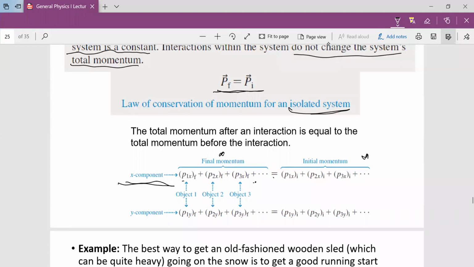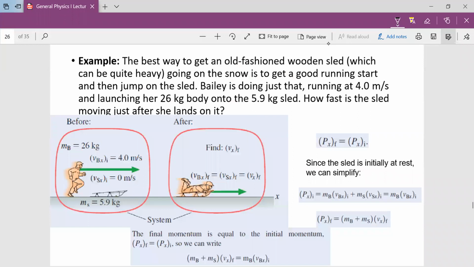All right, so let's take an example to buttress that point. The example of Billy: she is going to jump on a sled, like she's playing. The best way to initiate a kind of speed to enjoy the snow ride is to make a kind of run, then you jump on that sled to initiate a motion.